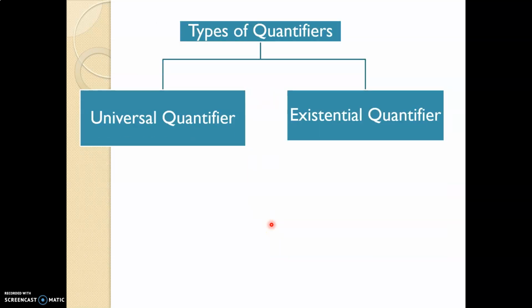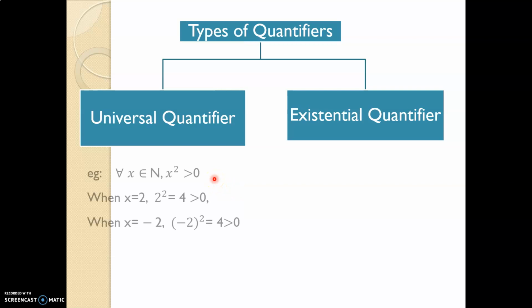Types of quantifiers we already discussed: universal quantifier and existential quantifier. We'll discuss through examples. Example: for all x belongs to N, x square is greater than 0. Here the quantifier used is for all. It is the universal quantifier, so this statement is called a universal quantified statement.